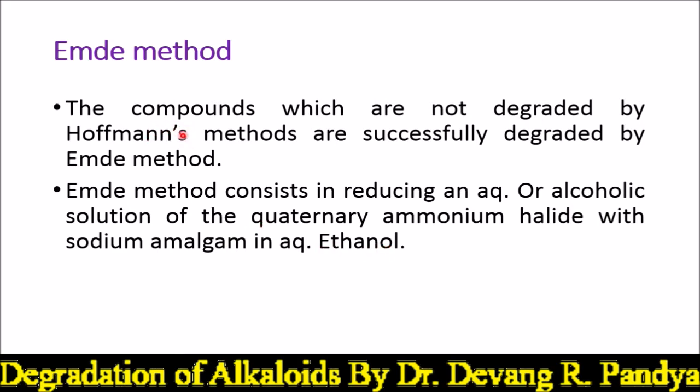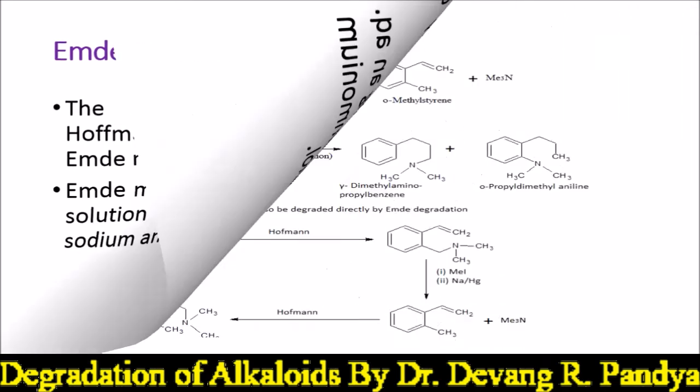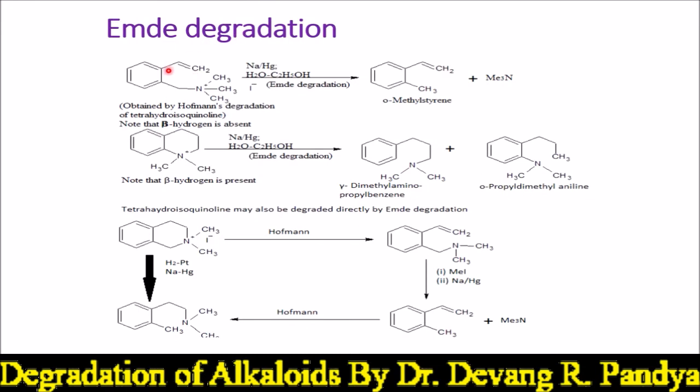So if we do not have beta hydrogen, as we saw in the previous slide for isoquinoline, we can perform the Emde method by reducing the aqueous alcoholic solution of quaternary ammonium halide with sodium amalgam in aqueous ethanol. This is the Emde degradation process.